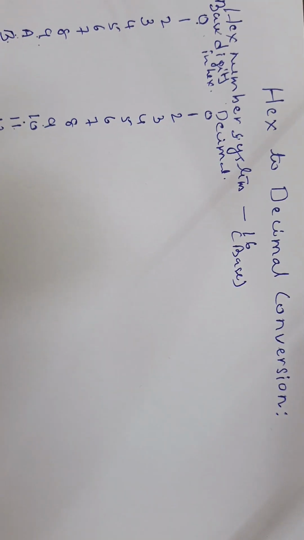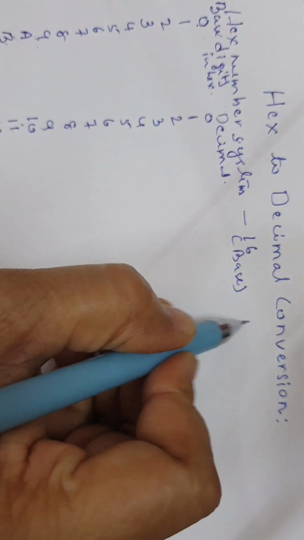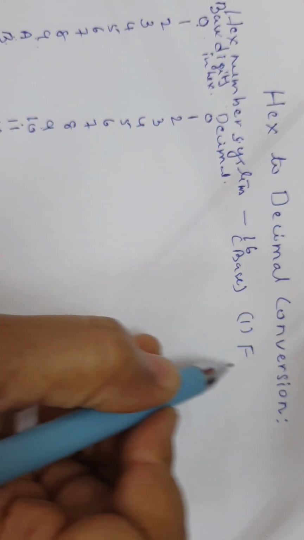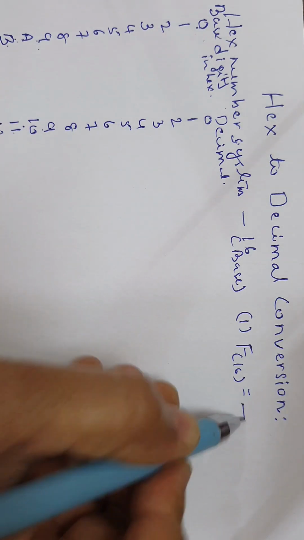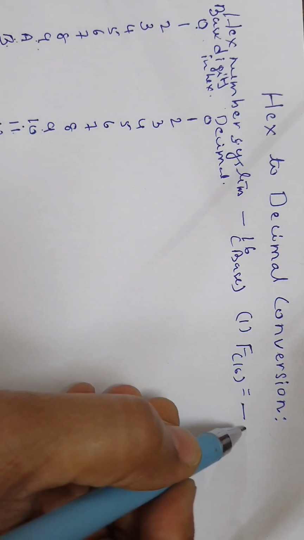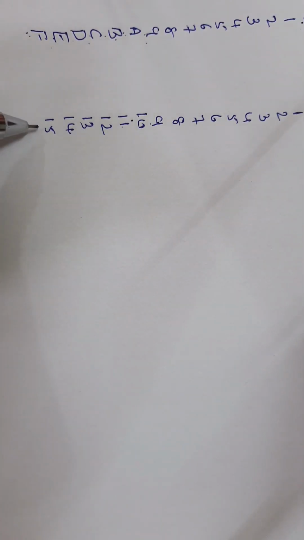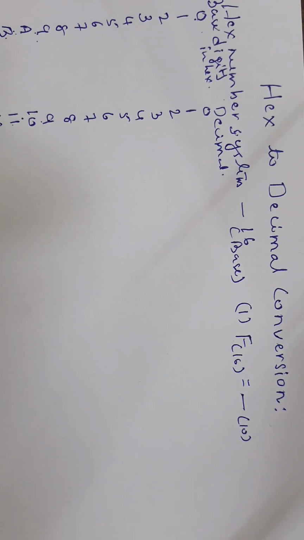Now we shall see the example for conversion. Suppose in an example the number F is given, which belongs to the base 16. What is its decimal equivalent? So F means, in the list we have here, its decimal value is 15. So that we can take directly here.